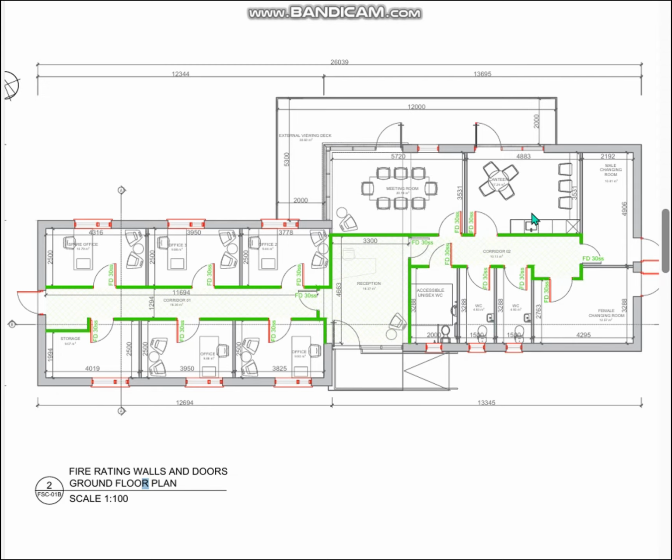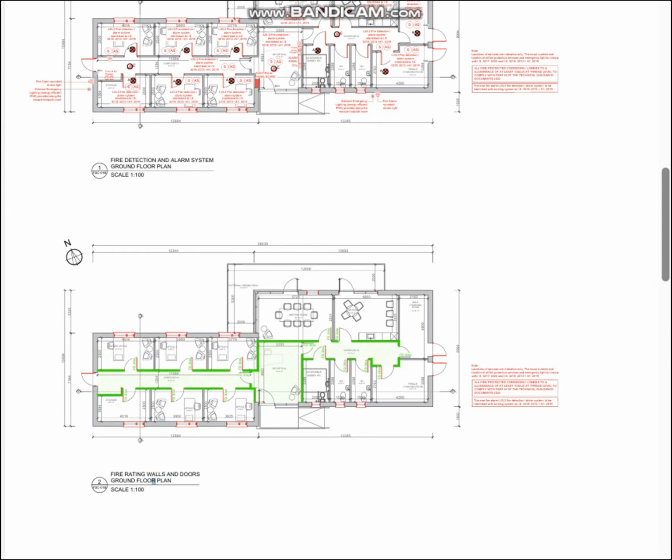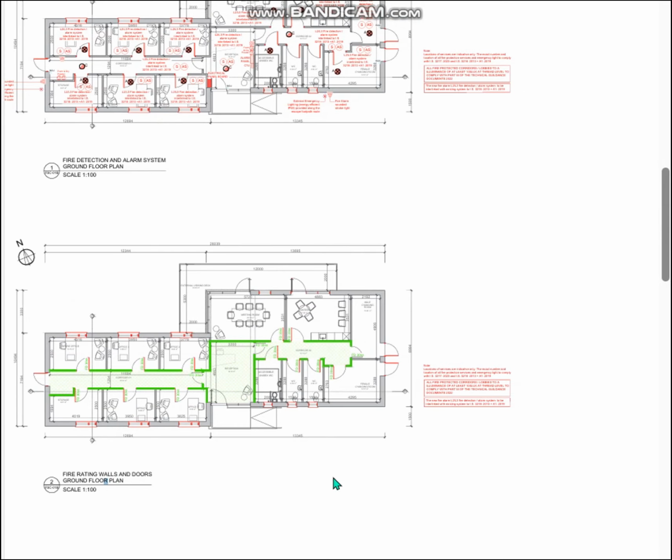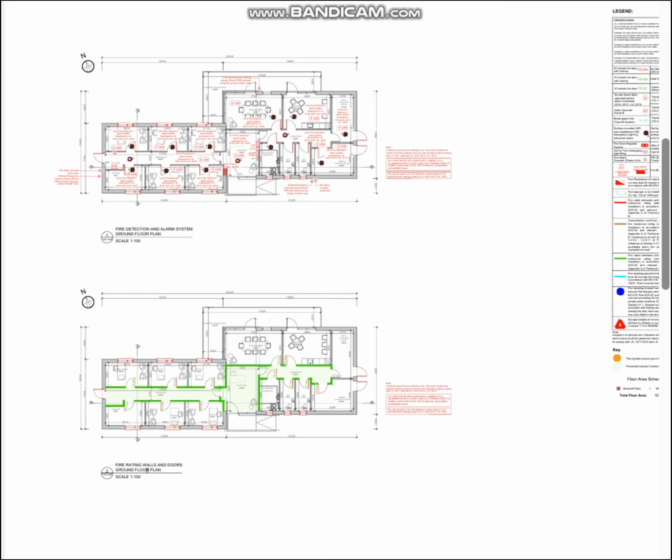These are compartmentation walls so that the escape routes are fully protected to allow persons to evacuate the building, giving them 30 minutes or 60 minutes or up to 120 minutes, depending on the rating, so the fire cannot spread from one section of the building to the other, especially on the escape routes.